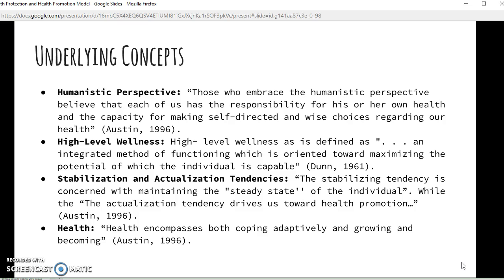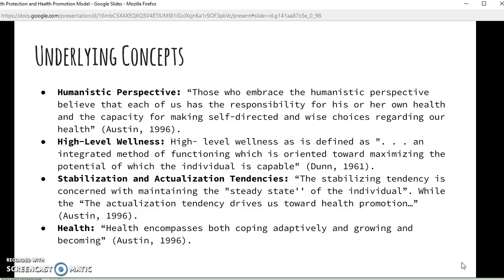And then the fourth underlying concept is health. The definition of health is a state in the life cycle which implies continuous adaptation to stress in the internal and external environment through optimum use of one's resources to achieve that potential for daily living and having that optimal wellness.